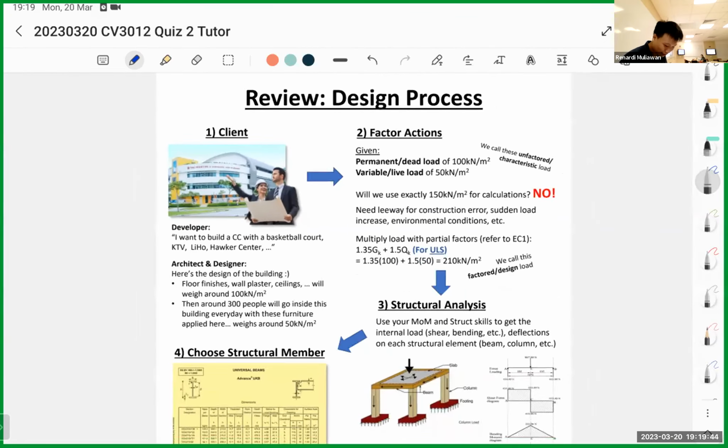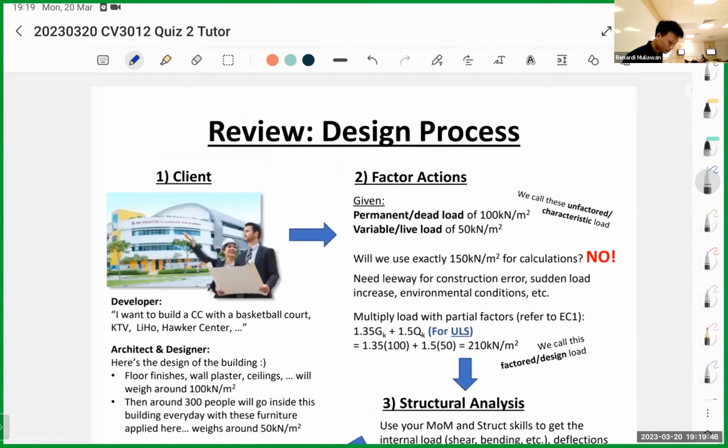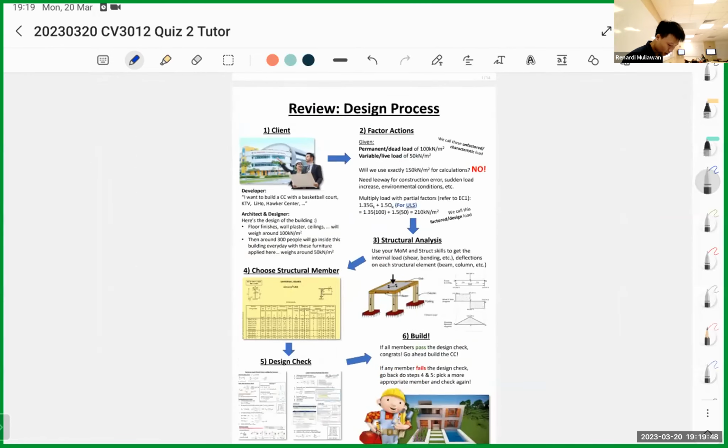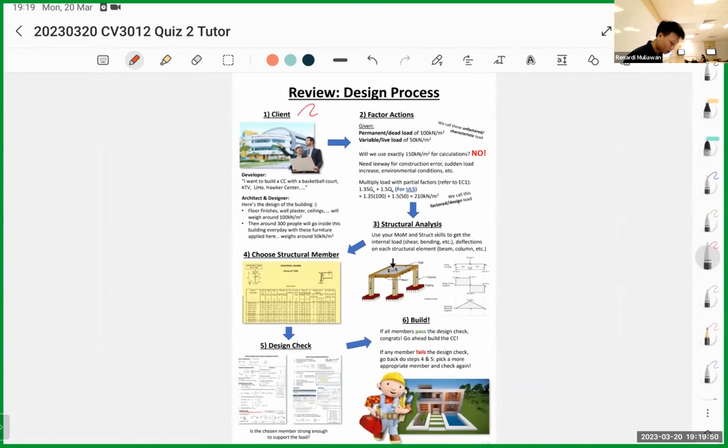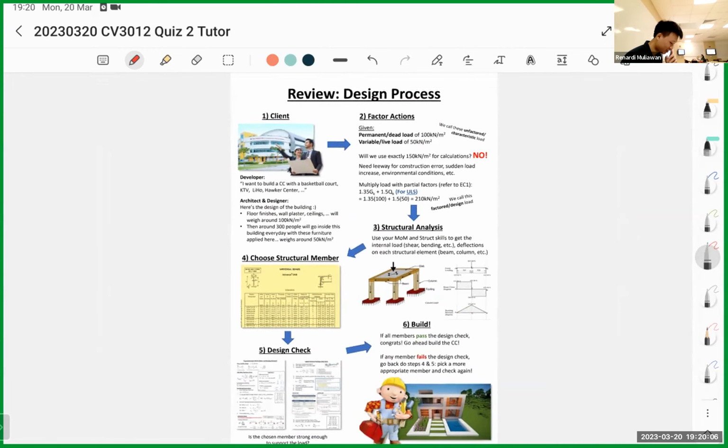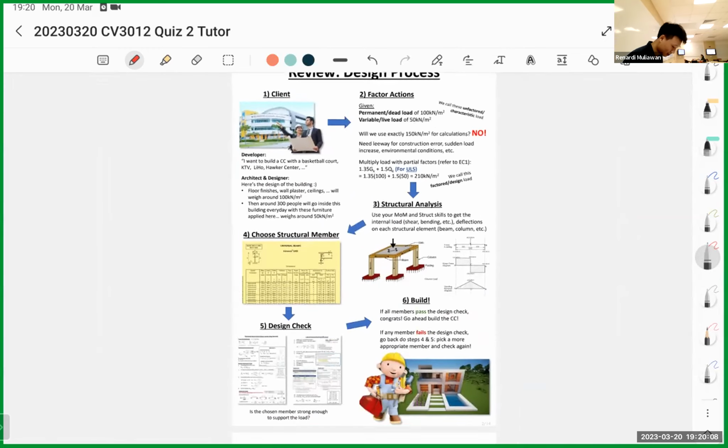First I want a quick review. Here's the design process. You always get the loading first, factor the loading, do some structural analysis, then design, and then build. I'm not going to go through this in detail again. Refer to my first peer tutoring or just read the slides.